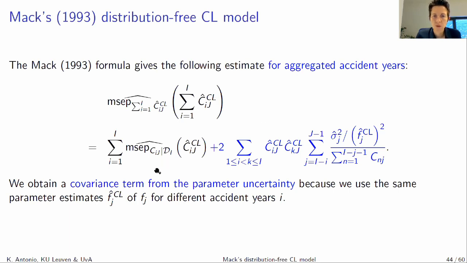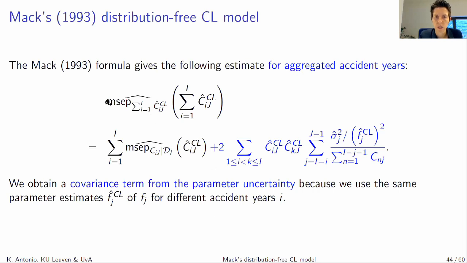And of course, the difficult thing here is the covariances introduced by the parameter uncertainty, because these different predictors, or these different estimators, use the same development factors, the same parameters, so there will be a covariance term popping up.